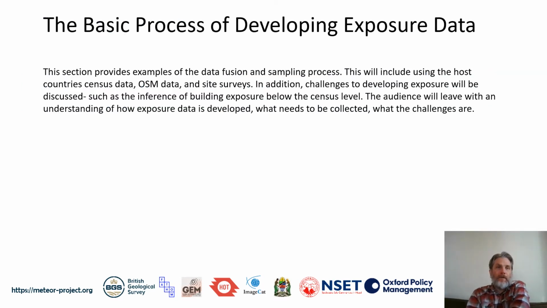All right, now I'll be talking about the basic process of developing exposure data. Developing exposure data is quite complicated, although you can do some work right off the bat. Like any discipline, looking at vulnerability or hazard, it can get quite complicated. So you'll by no means be experts here.